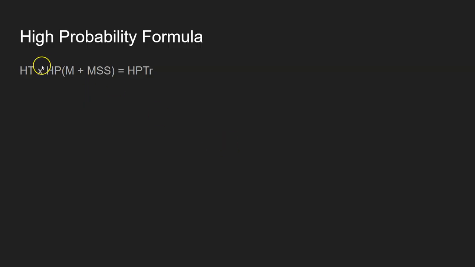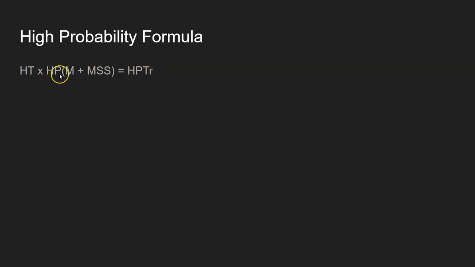So high probability time multiplied by high probability price. When those two come together, within that time frame, within a high probability time, a hot zone, you'll receive this.